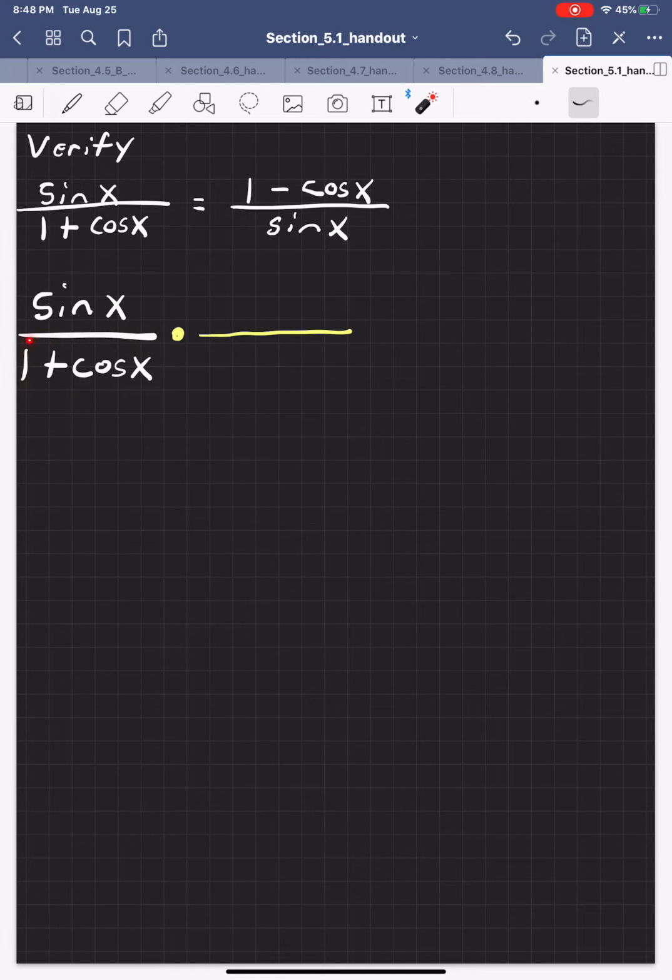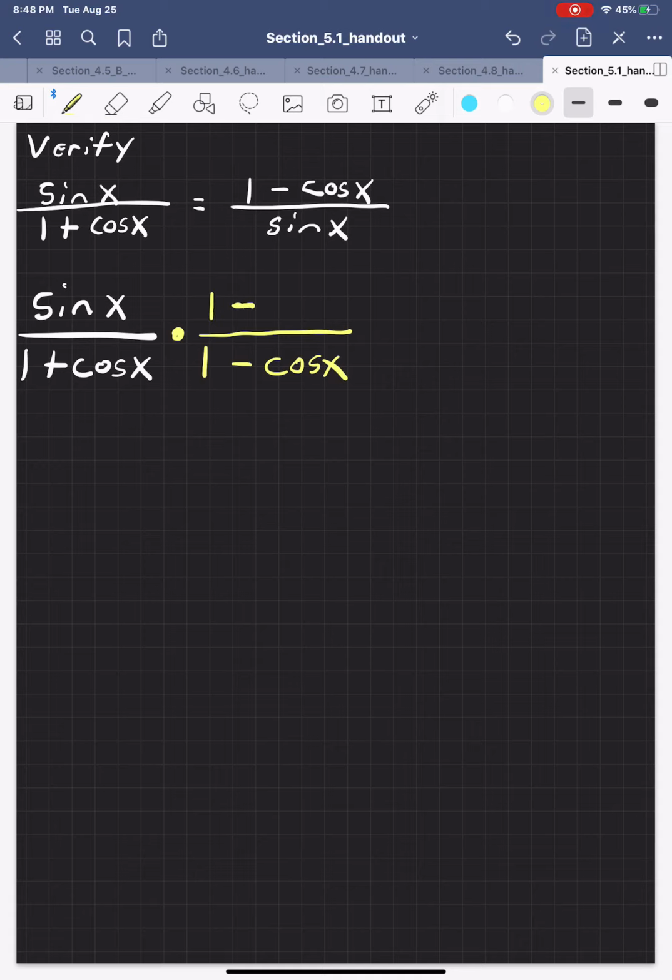The conjugate of 1 plus cosine of x is just 1 minus cosine of x. In other words, the conjugate of a plus b is just a minus b, and the conjugate of a minus b is just a plus b. So let's multiply by the conjugate, 1 minus cosine of x.